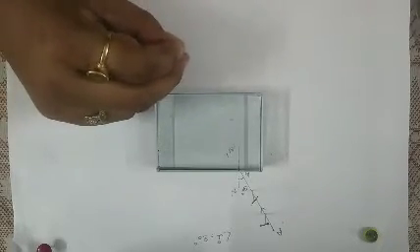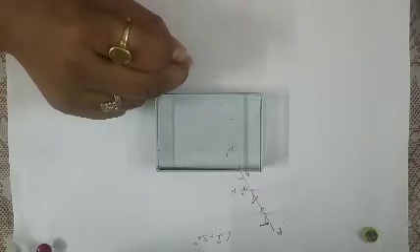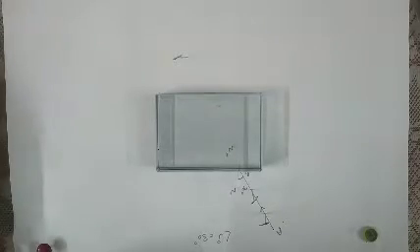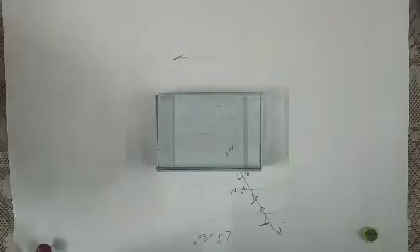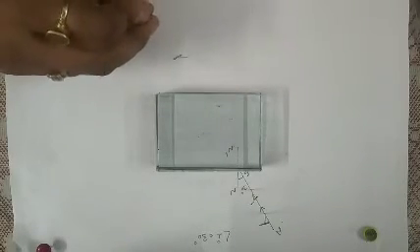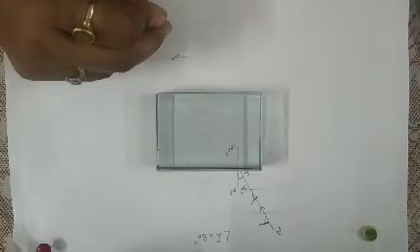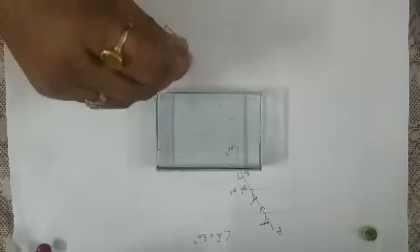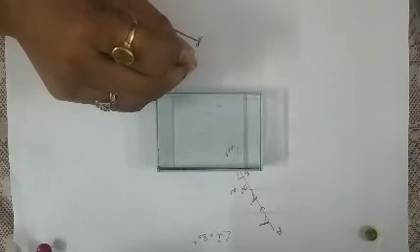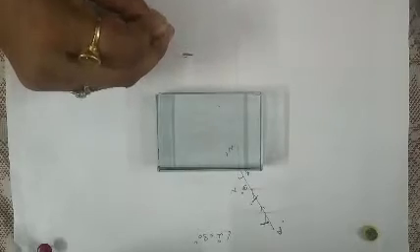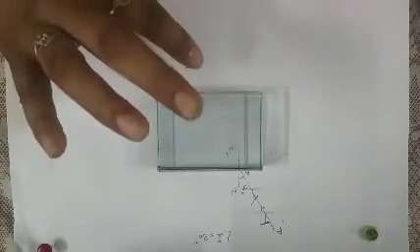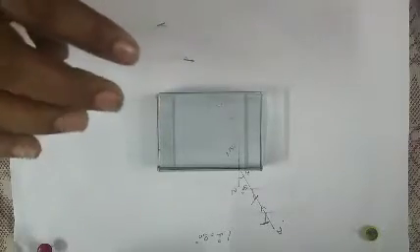I can see the image of the pins on the other side this way, and I will fix one more pin in such a way that all these 4 are in the straight line like this. Now I can see all these 4 pins in a straight line.